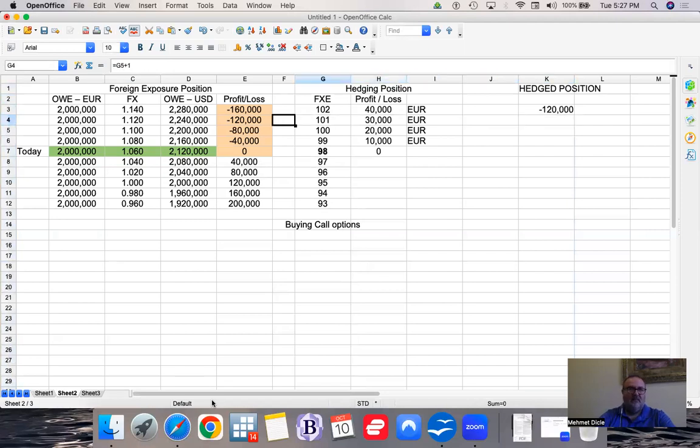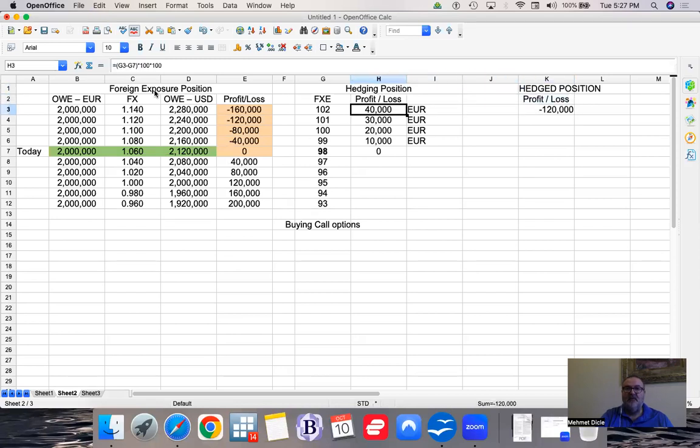Obviously for today, we do not have exact increments on the total side and on the hedging side. The hedged position's profit and loss means that we have the foreign exposure position plus the hedging position, and when you combine the two, it becomes a hedged position.